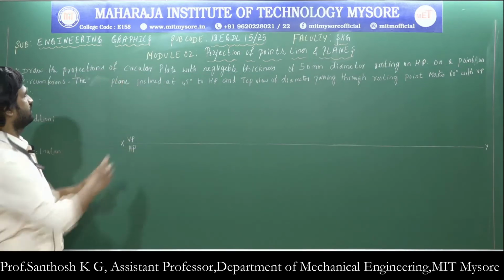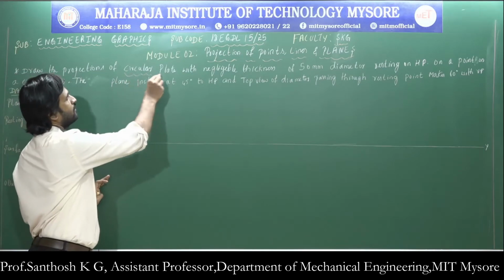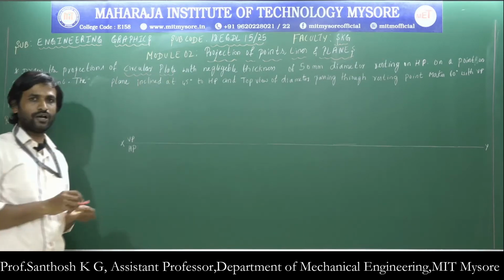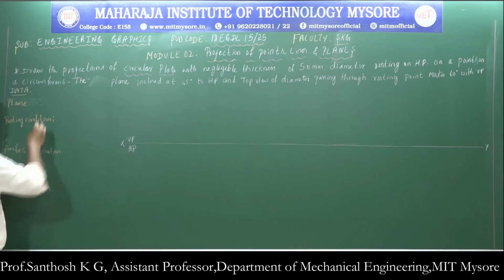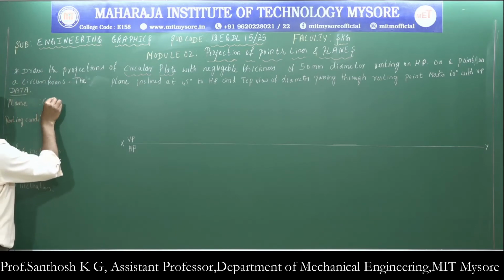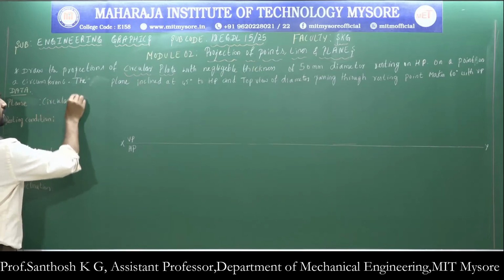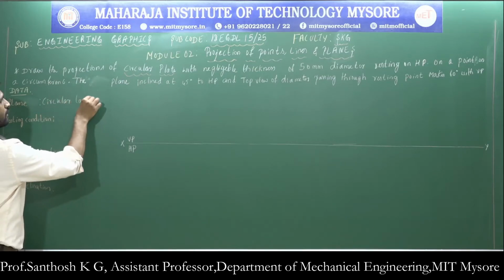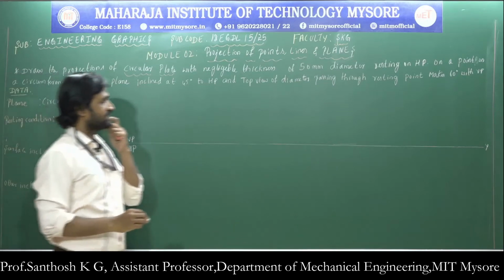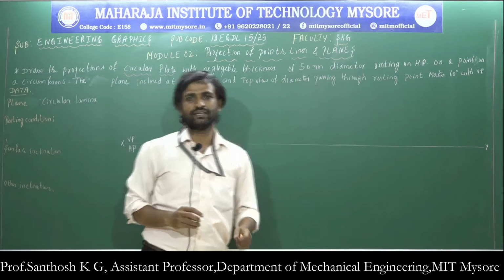The data given is, we are having a plane which is a circular plate. So, the given plane is a circular plane, or we can call it as a circular lamina, and it is having 50 millimeter diameter.